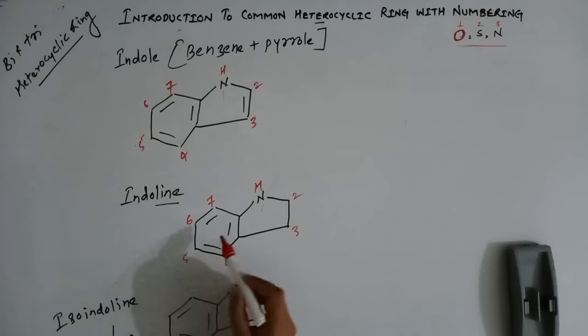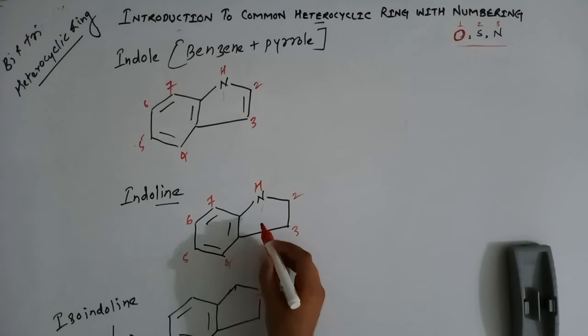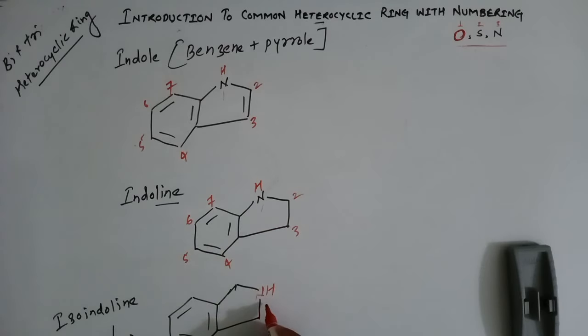Why is it called isoindole? Because it is the isomer of indole. In indole, the nitrogen is at first position, but here it is at second position. The numbering begins from this: 1, 2, 3, 4, 5, 6 and 7.